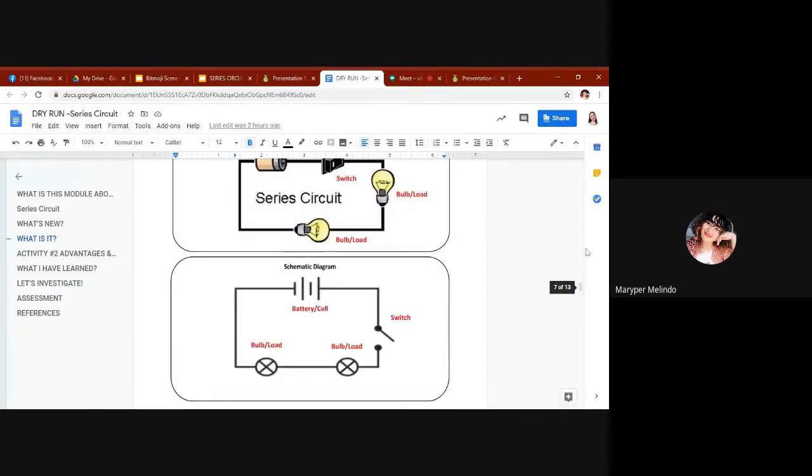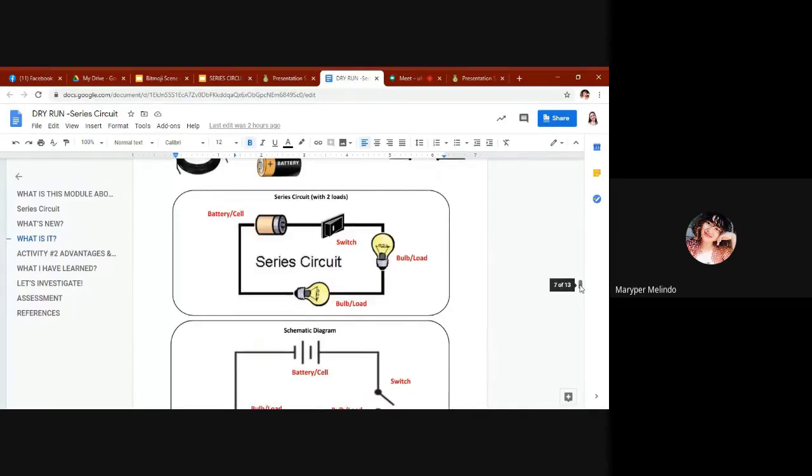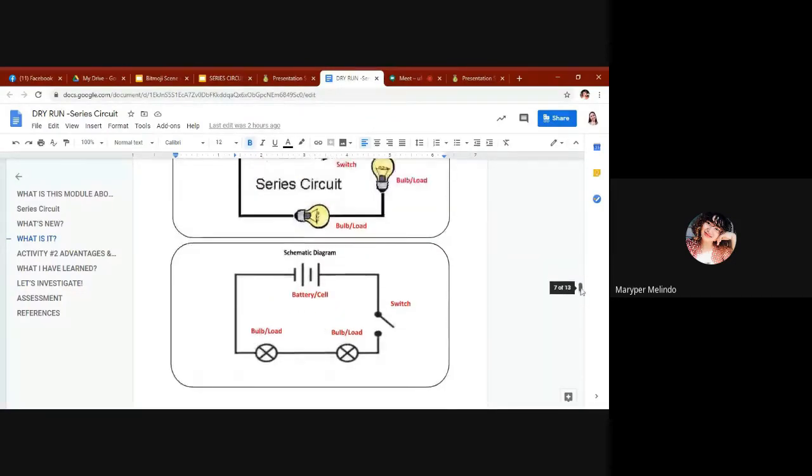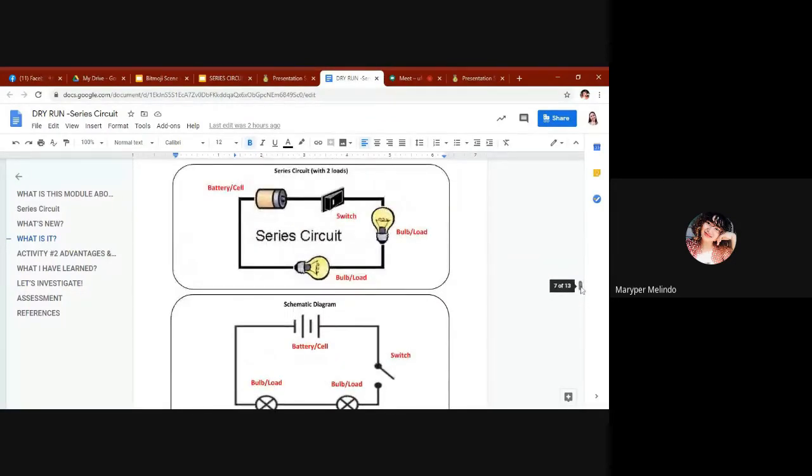Ayan. So here's the answer key. If your answer is somewhat the same with my answer key, you got it correctly. If not, don't worry. I could give extra activities or additional activities for you so you can review again this lesson. Okay?